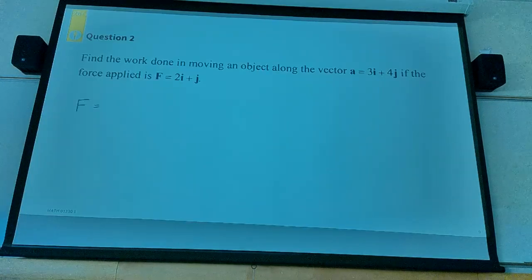Not F, sorry, W. Before we even continue, does that make sense? Is work a vector or a scalar? Work is a scalar. It is strictly a scalar. So yes, the dot product does make sense.